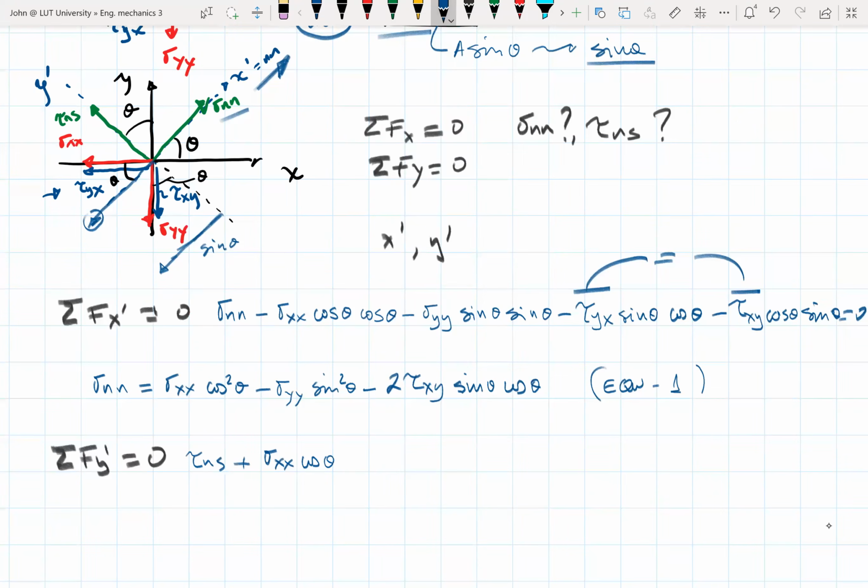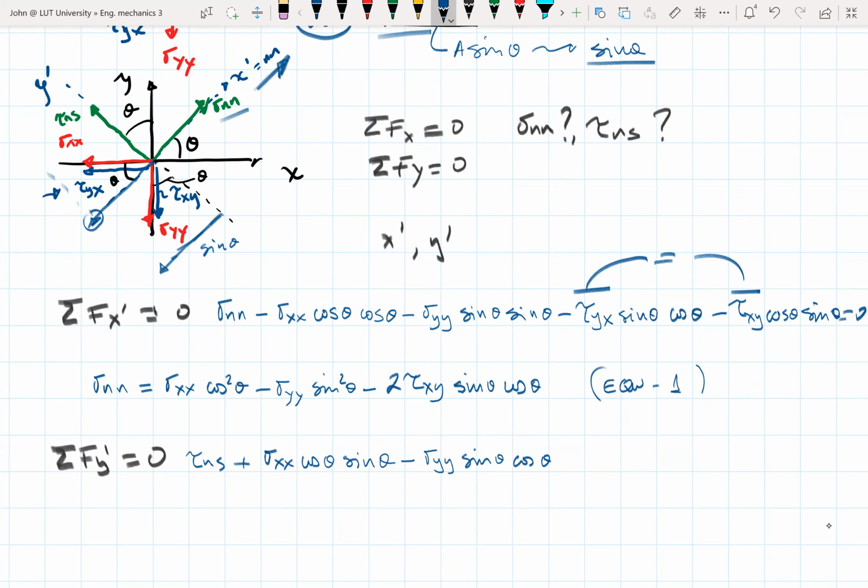But to rotate it to the y prime axis, I need to multiply by the sine of theta. Then minus sigma y, which is applied on a face with area sine of theta, and to rotate it to the y prime axis, I need to multiply it by the cosine of theta. Good.